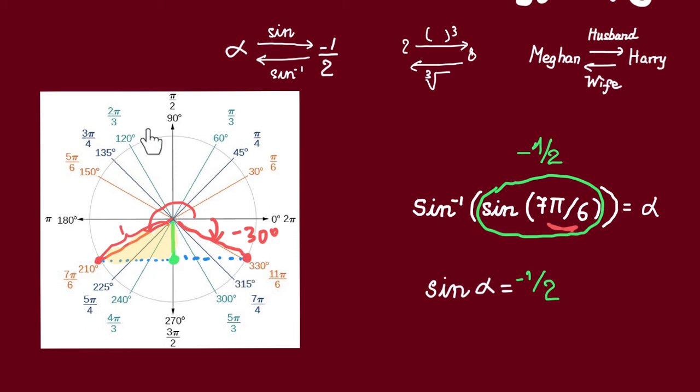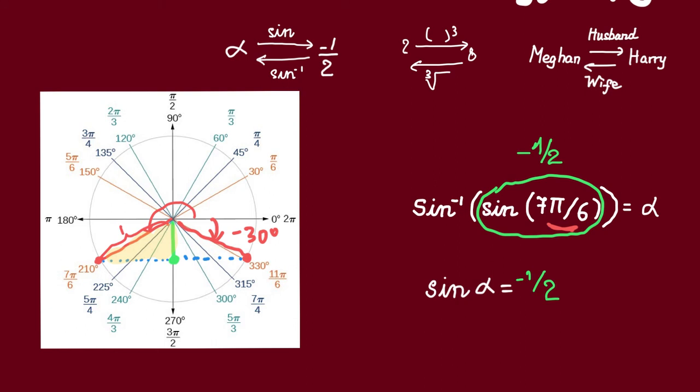And we can keep going around the circle this way or in the other way, so there are infinitely many options for alpha. Now what's the problem if there are infinitely many options for alpha? The problem is that if we define sine inverse of minus 1/2 to be the alphas such that sine alpha is equal to minus 1/2, then sine inverse cannot be a function.